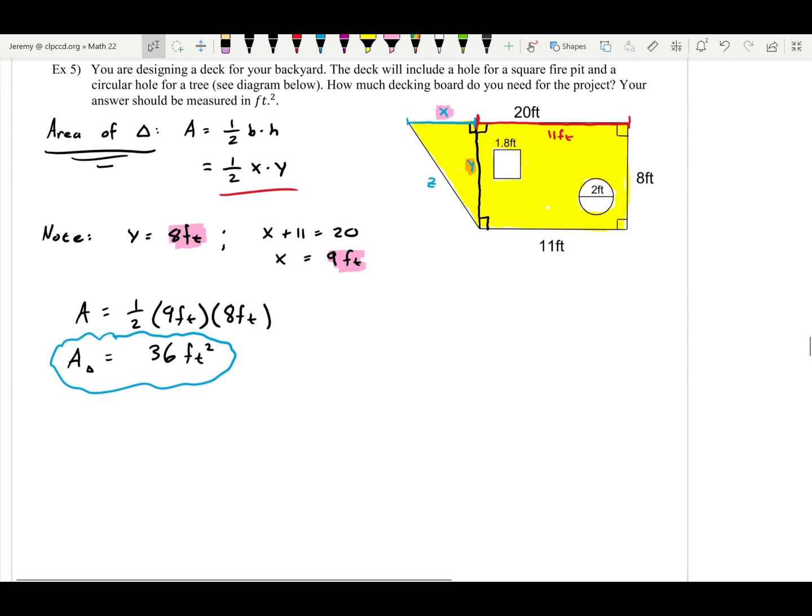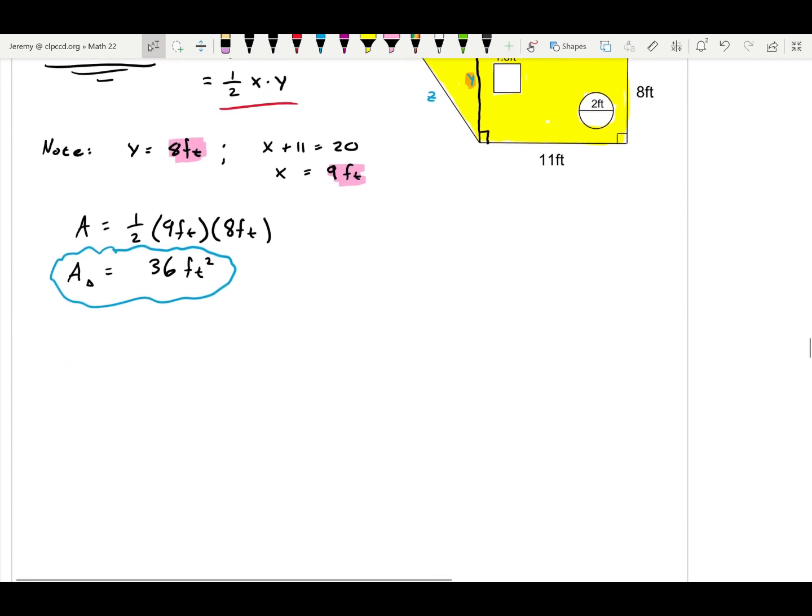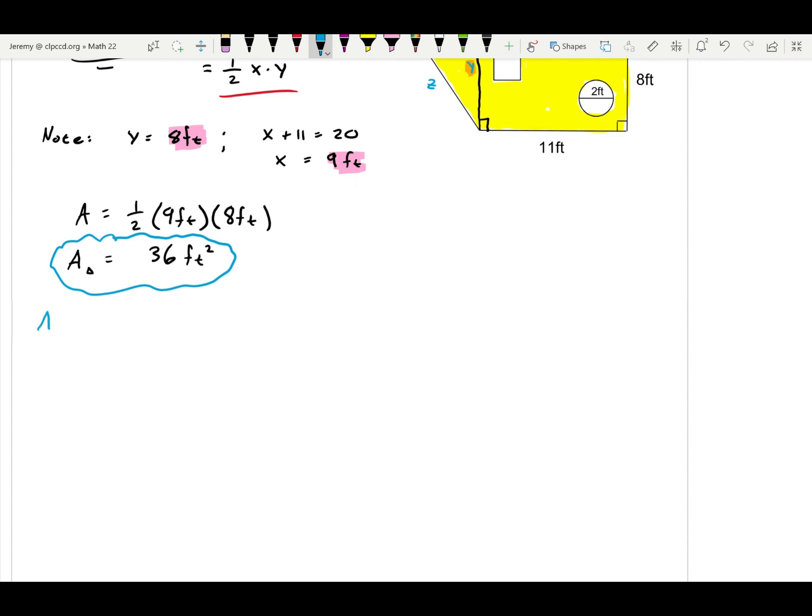Good, now that we have the area of the triangle, let's find the area of the rectangle. And this one's pretty straightforward. Area of rectangle is just equal to base times height.